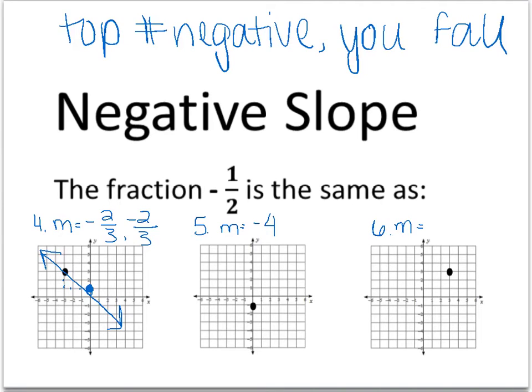How can I graph number 5, negative 4? Jeremy? Very good. And then from your point, you can go down 4 to the right 1.